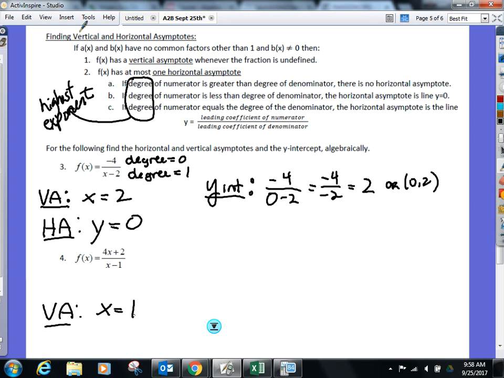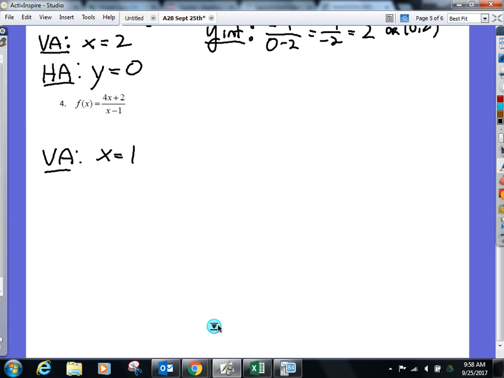Vertical asymptote and domain. All right, horizontal asymptote now. Brendan, what's the degree in the numerator? 1.